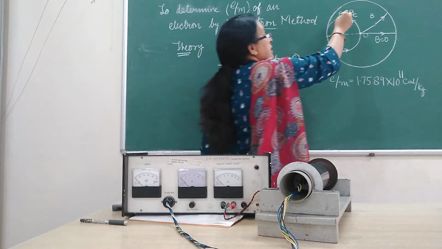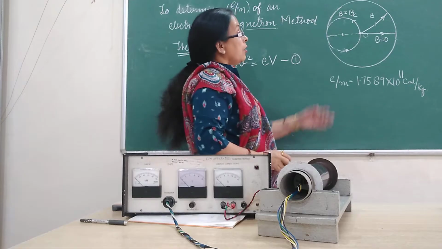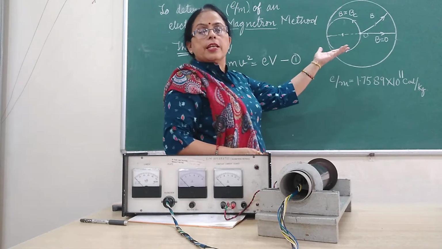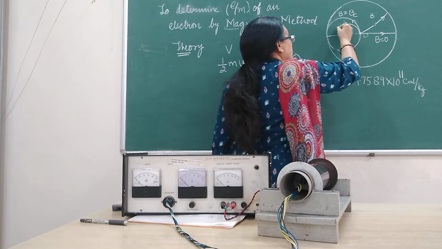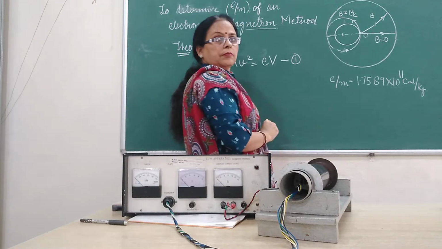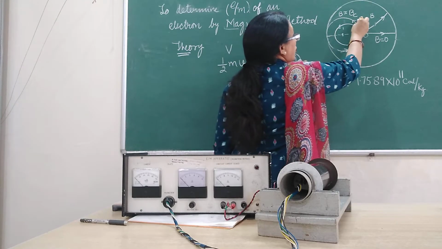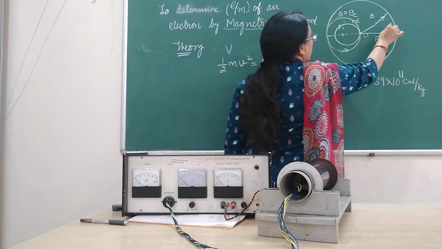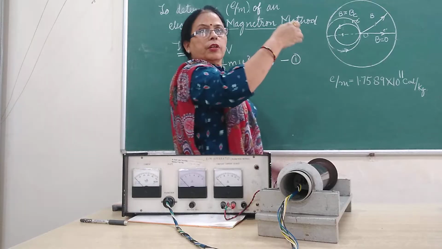This is known as the critical magnetic field. Beyond this, if we go on increasing the magnetic field, the path will be further curved, and it may be something like this. These are the electron paths, and they go on higher and higher.